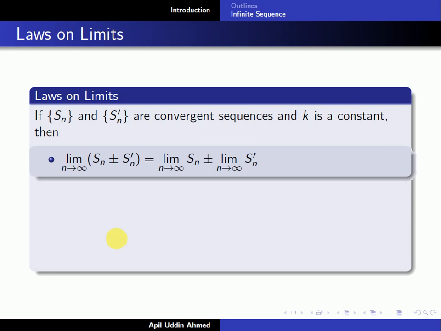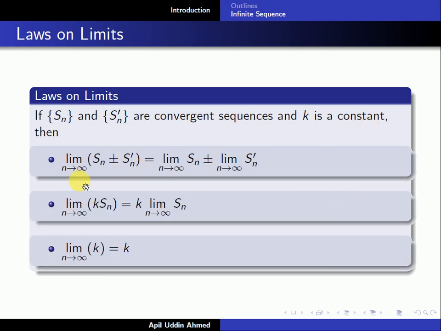So here I will discuss some properties of limits. We consider Sn and Sn dash, these two sequences, both convergent, and suppose k is a constant number. Then the following properties hold. This one: limit n tends to infinity of Sn plus or minus Sn dash equals this one.